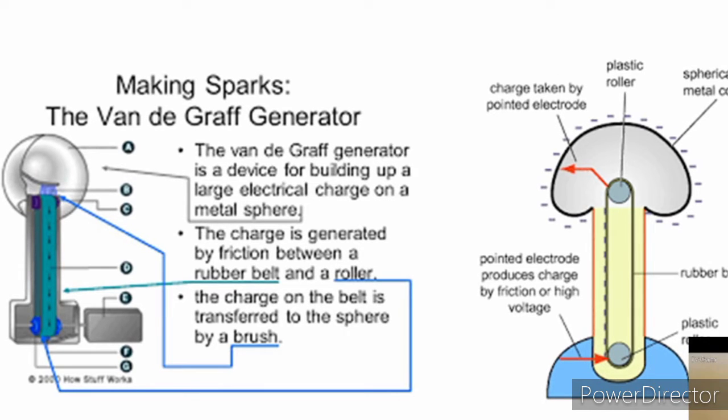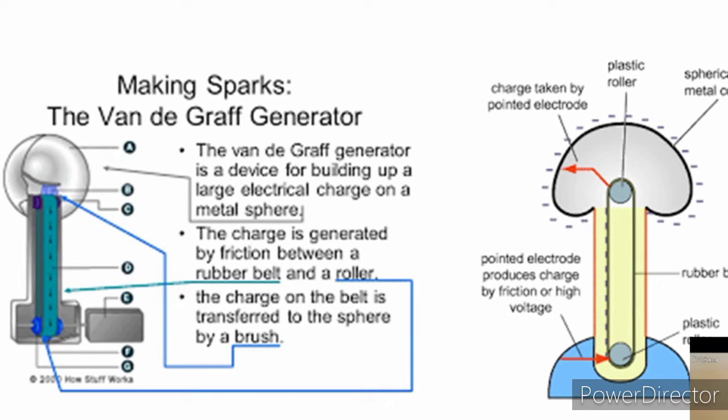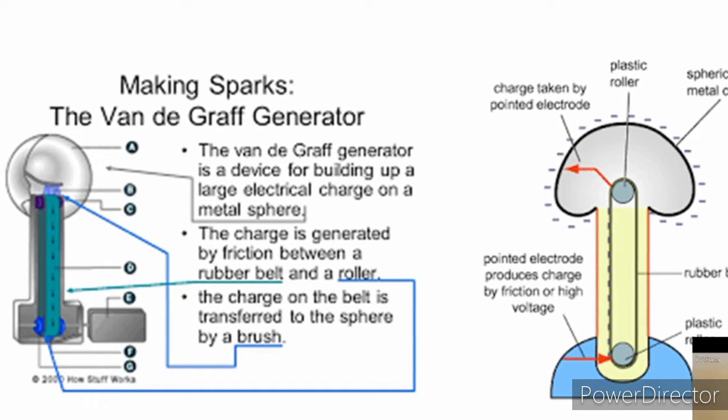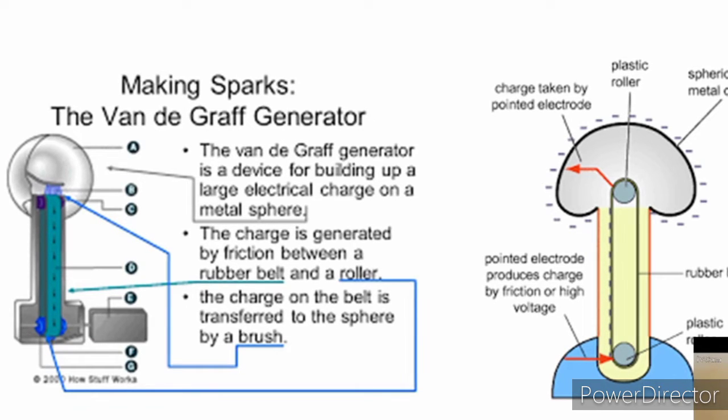Here you can see the rubber belt flowing from up to down, and that movement makes the electrons move. This is what happens in the Van de Graaff.